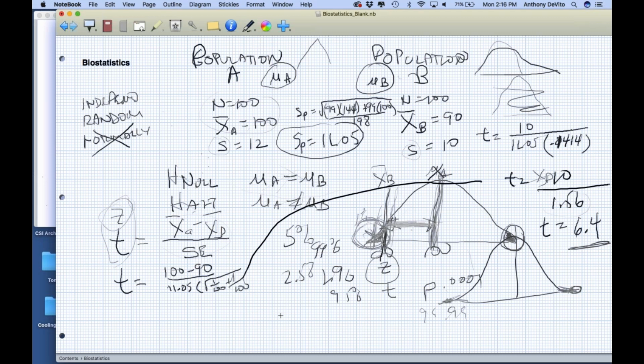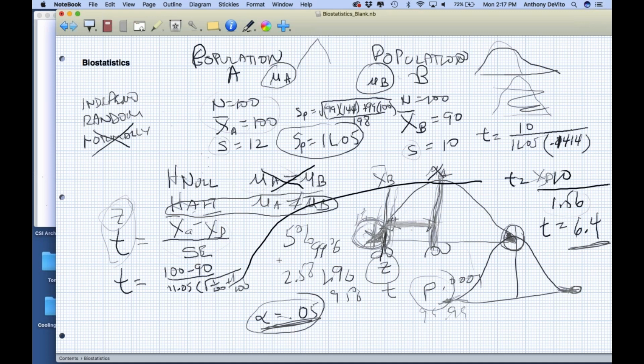What's our standard for being certain? Our standard is a 5% chance of being wrong. We call that alpha equals 0.05. As long as our probability of being wrong is less than 5%, and in this case it's way less than 1%, we can say no, they're not equal. We reject the null hypothesis and we accept the alternative hypothesis.